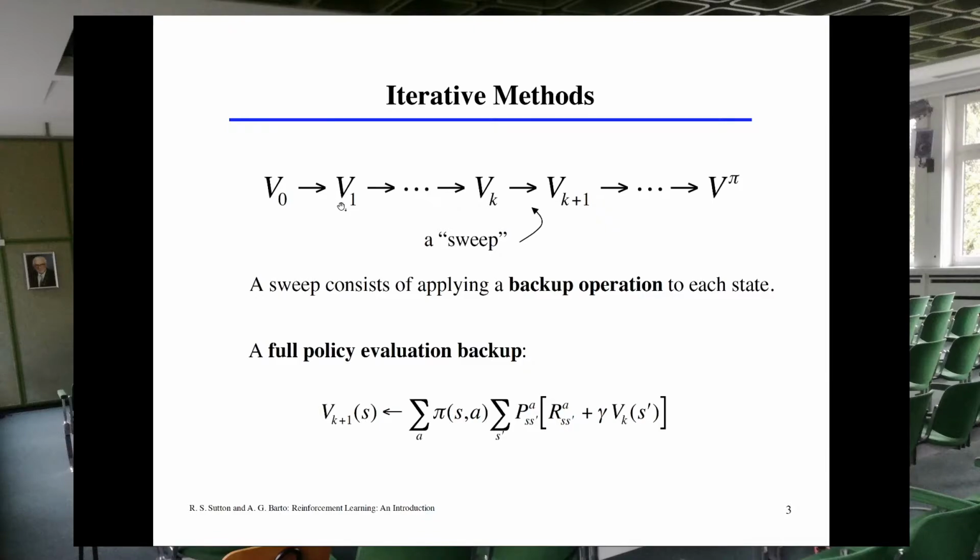So this is v1, and we will be doing or applying this algorithm until we reach the final value function. Every time we move from one version to the other version of the value function, we say that we are doing a sweep.